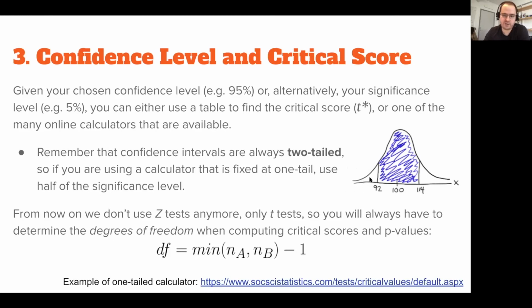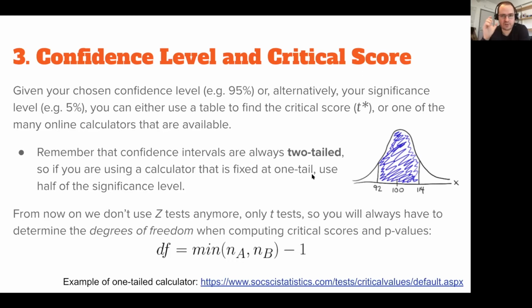Actually, it's usually like this because it's cumulative from the left to the right, but since they're symmetric, the same thing you compute here is the same thing here. So what I mean is that if you wanted to know this value here, you would have to compute 2.5% here and not 5%, because there is 2.5% here and 2.5% here, right?